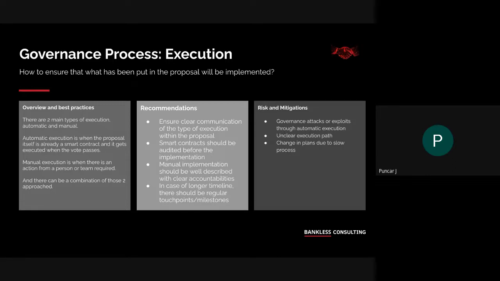There can be some problems with that, definitely. It's much easier to attack this process because it's hard to stop. There can be proposals which get approved through the governance and can withdraw the whole treasury. And because there is no button to stop it, nobody can pull the plug.